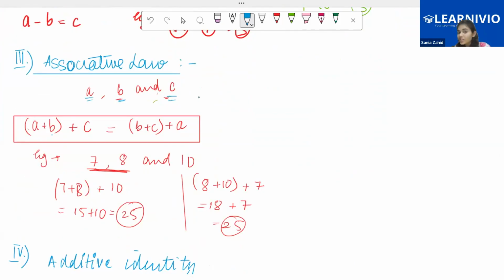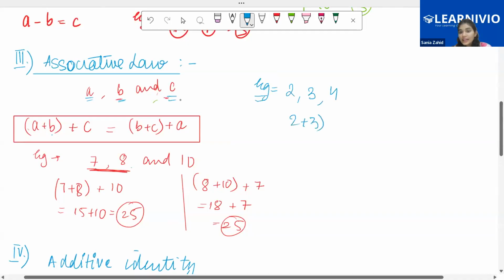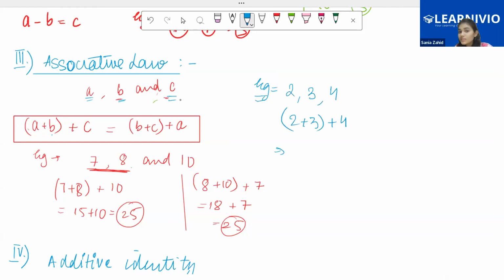For example, you have 7, 8, and 10. Okay, I will write one more example of my own. For example, you have 2, 3, and 4. So when I add 2 and 3, and then I add 4, what do I get? 2 plus 3 is 5, plus 4, this gives me 9. Okay, but now let's suppose we add 3 and 4 first, and then I add 2 to it.